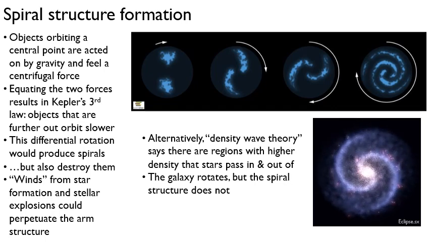So taking a look at this movie, if you look really close, you can see stars going in and out of the spiral, and that's the basic idea here. Now, in principle, both of these could be correct. They're not exclusive, and it's an active area of research, basically seeing if one or both of these theories are supported.